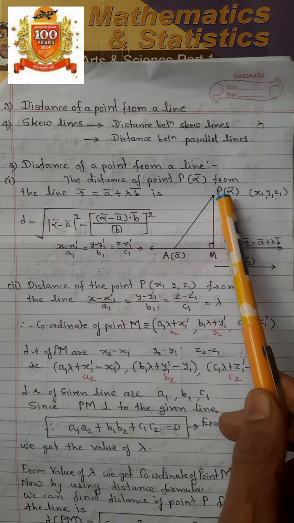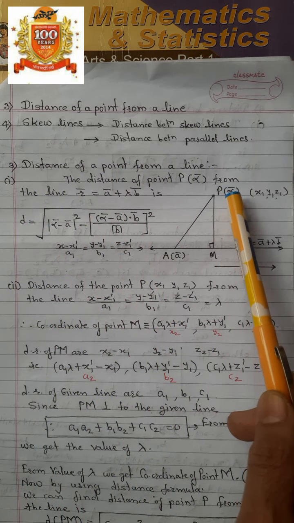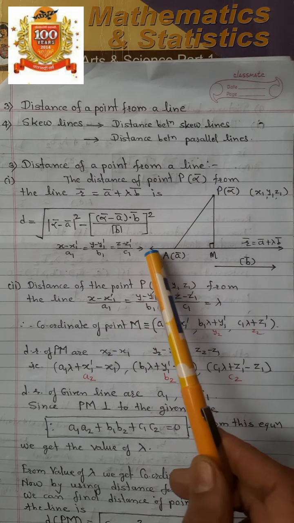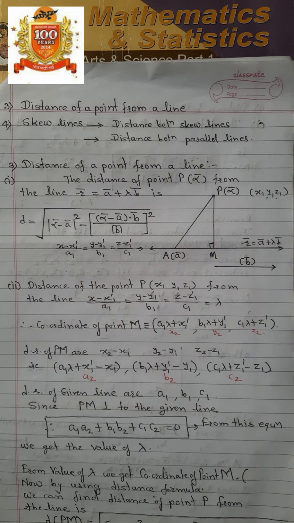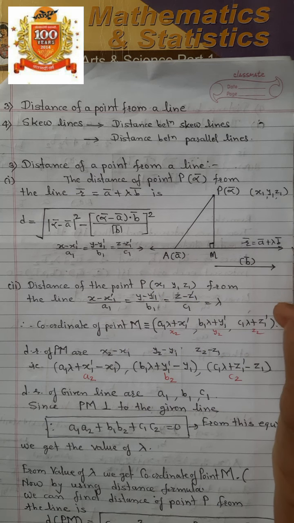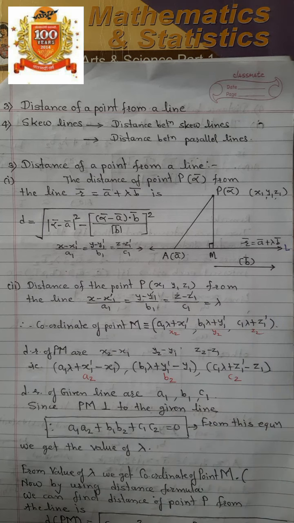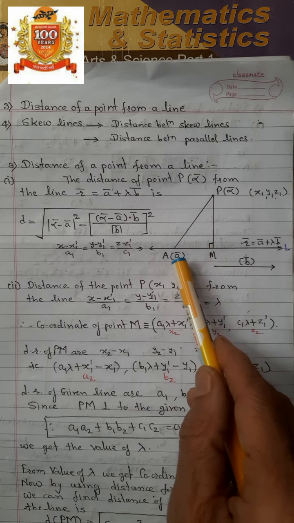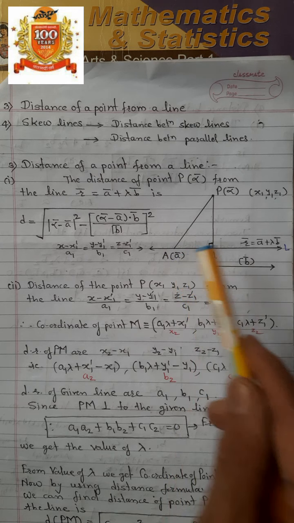This is our point P, whose position vector is alpha bar. This is a line L, whose equation is given, and A is any point on the line, whose position vector is A bar.